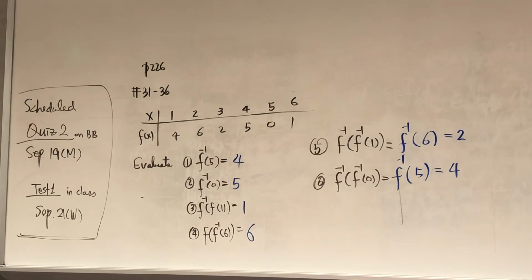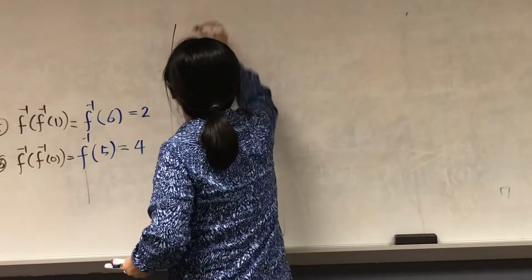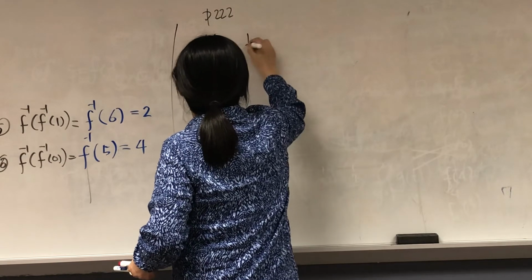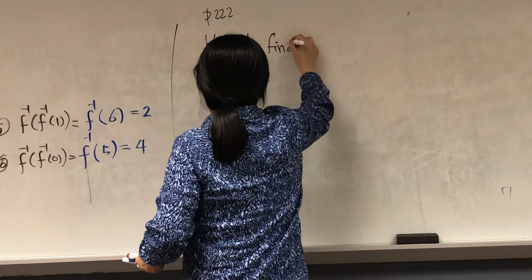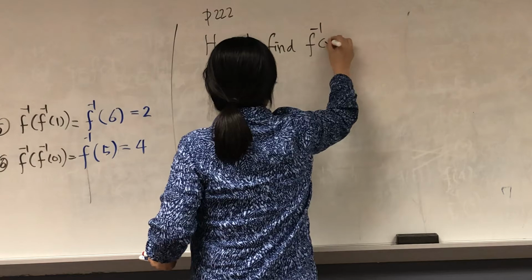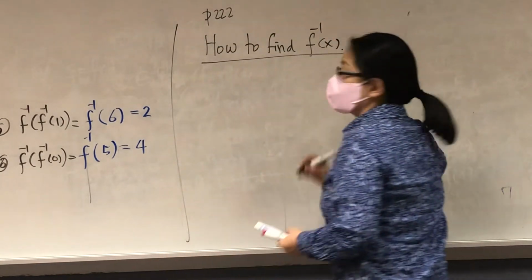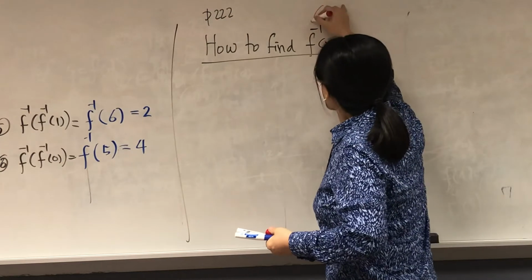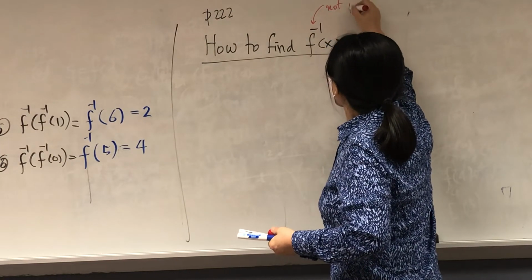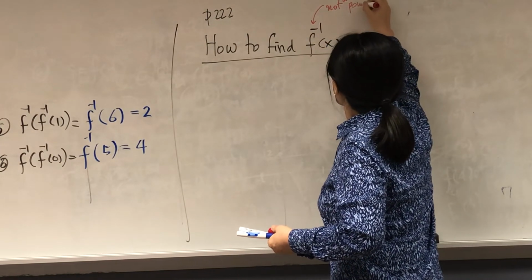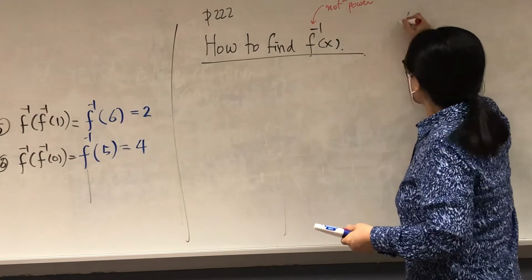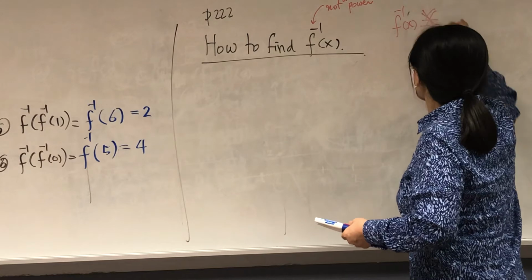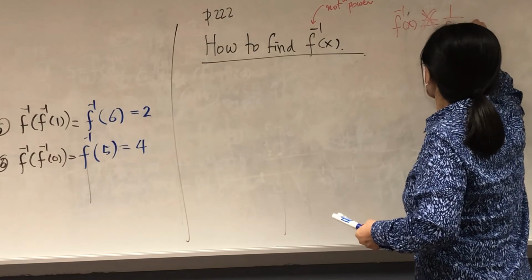Next important job is this: how to find f inverse of x. Here I want to emphasize, this one is not a power. F inverse of x is not 1 over f of x.